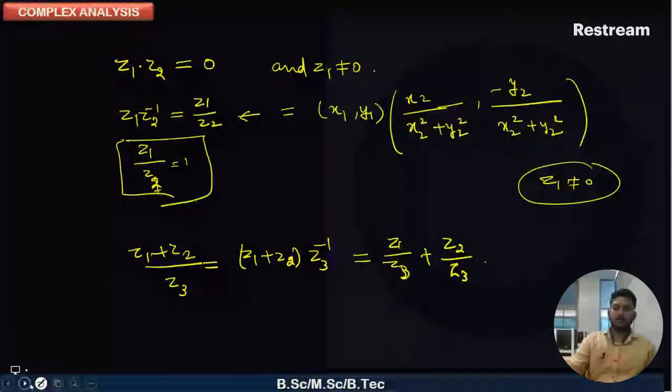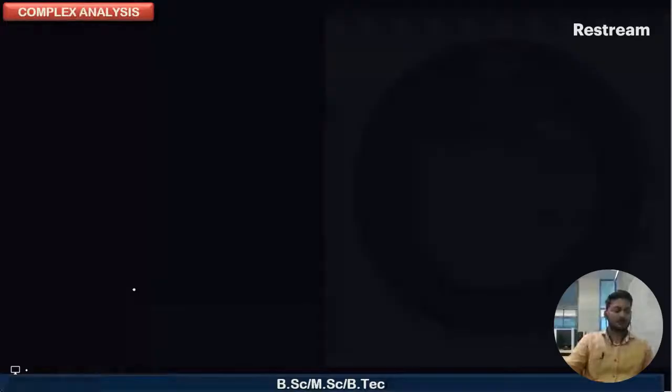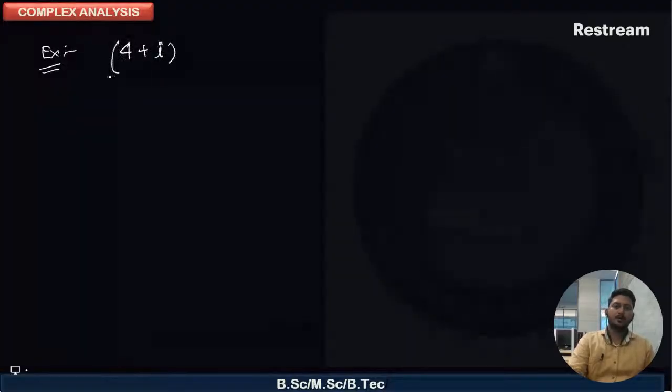So come to one term which is also related to this. For example, to know about some expected properties involving quotients, take one example. I write it like this: 4 plus iota upon 2 minus 3 iota.